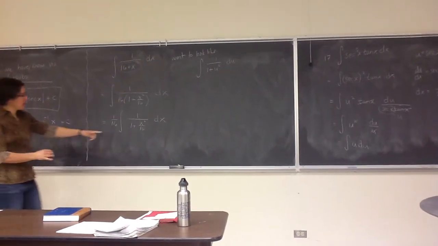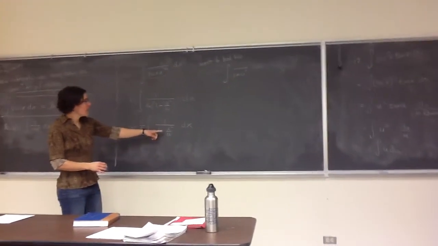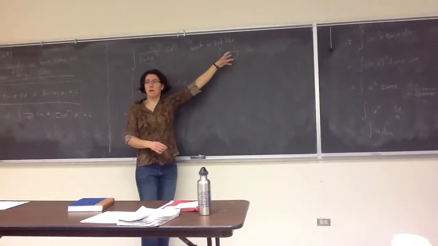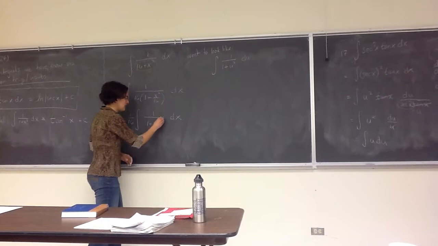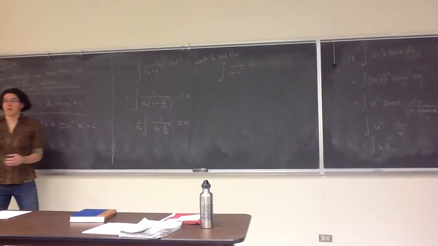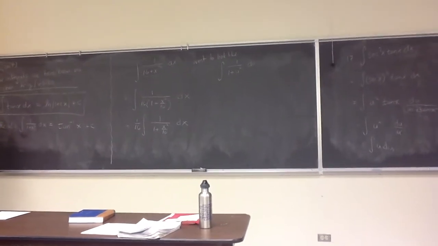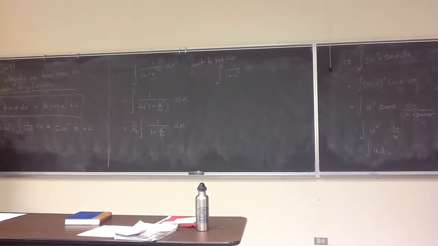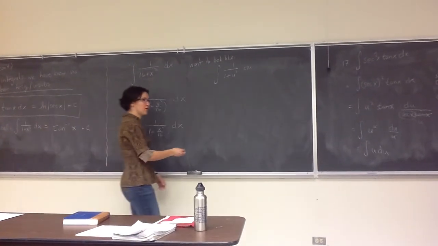So looking at this integral that I have here now, I'm trying to make it look like 1 over 1 plus something squared. Is there a way to rewrite x squared over 16 as something squared? Okay, well, what would your u be? Okay, so, x over 4.